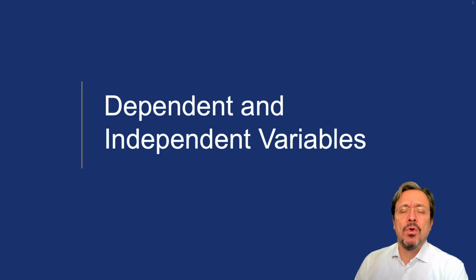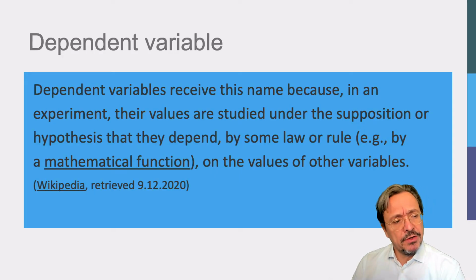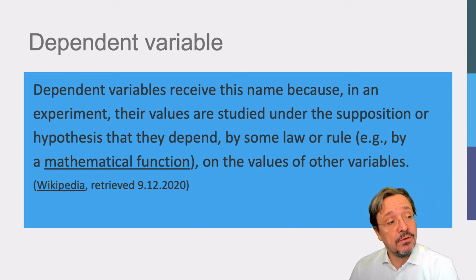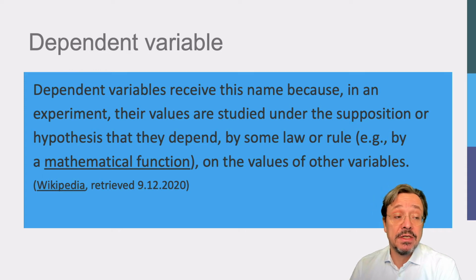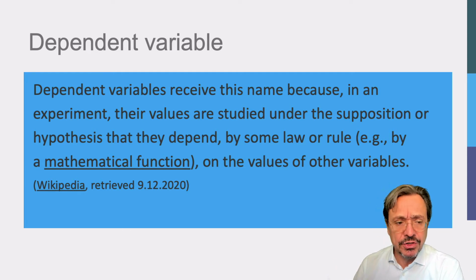So what are dependent and independent variables anyway? Here you find a classical question as discussed before. We can start again with a simple description and definition by Wikipedia, which says dependent variables receive this name because in an experiment their values are studied under the supposition or hypothesis that they depend, by some law or rule or mathematical function, on the values of other variables.